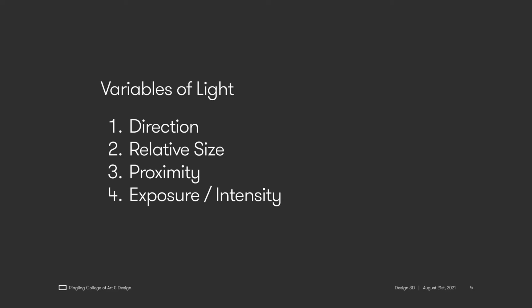We have proximity, distance from the object, and we have exposure and intensity. All of these things we talked about in depth in Design 3, and now they're coming back in action, because that's the nice thing about light, it is a universal thing. It doesn't matter if it's 3D or if we're doing it in reality. It's very similar.